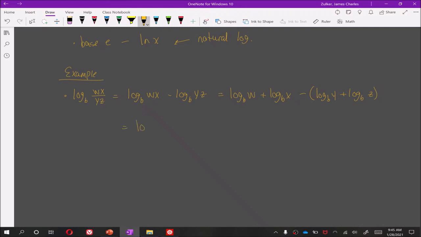Distributing that negative through, then we can write log base b of w plus log base b of x minus log base b of y minus log base b of z.